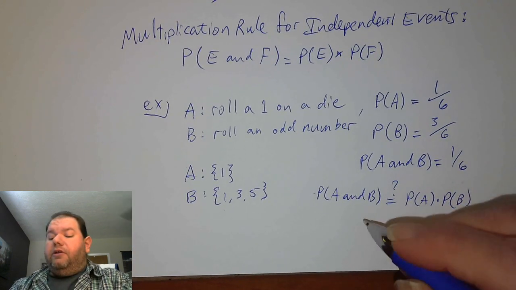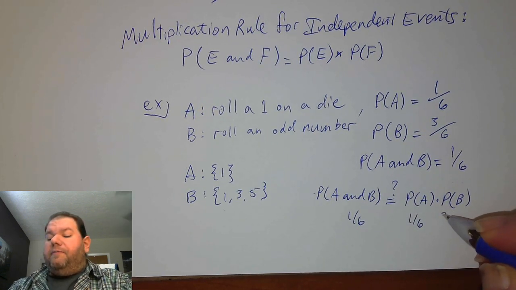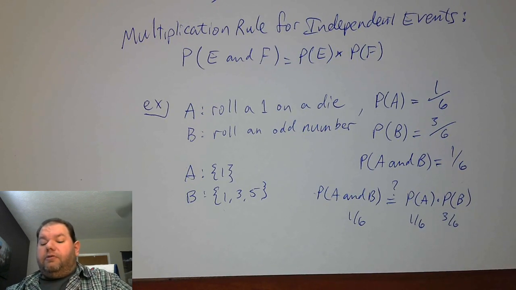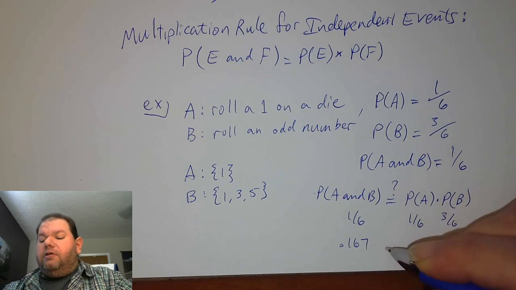So if we plug in the 1/6 here, and P of A was 1/6, and P of B is 3/6. Well, 1/6 is about 0.167.